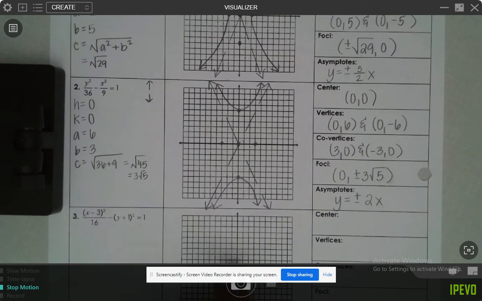Do the third one. Do it to it. Be careful.